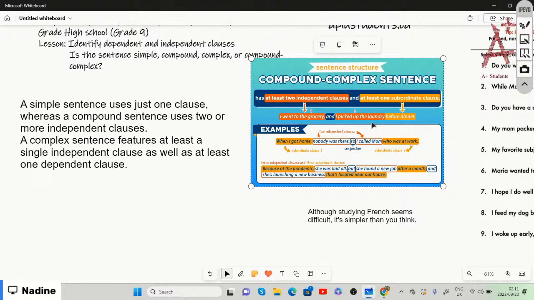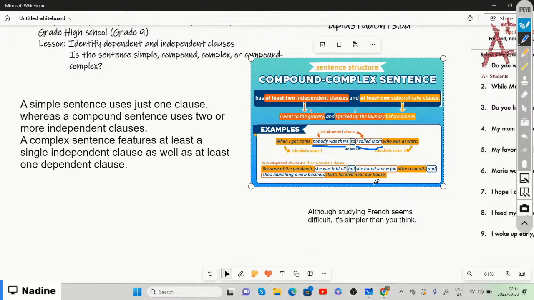In this sentence we have two independent clauses, which we call the compound sentence, joined by a conjunction, which is so. And then it has two subordinating clauses, which are when I got home and who was at work.